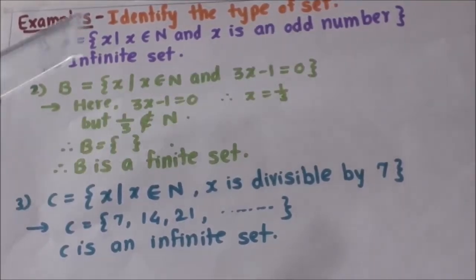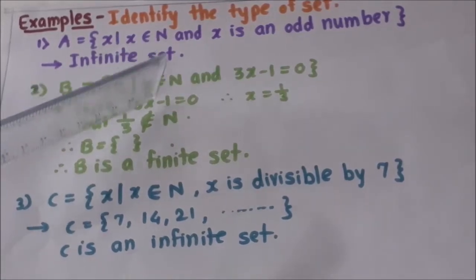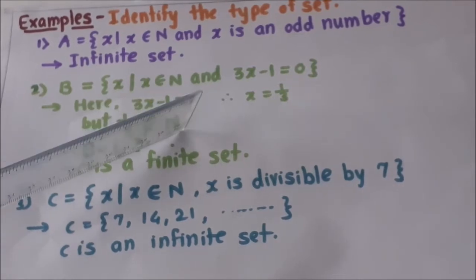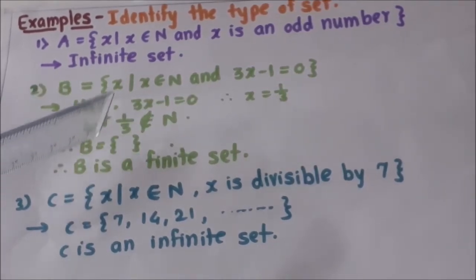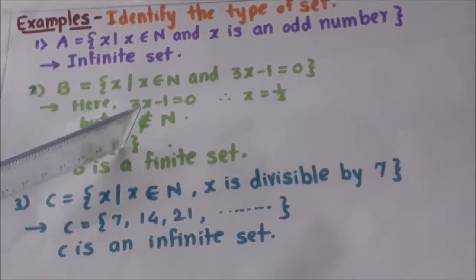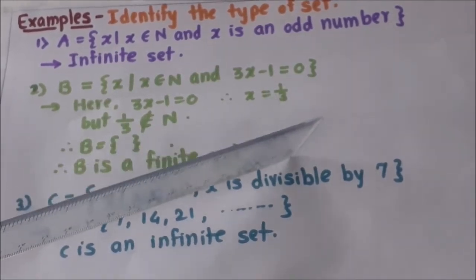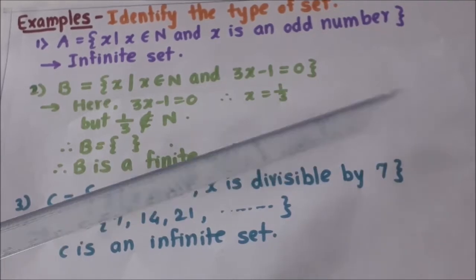We get the value of x, but it does not belong to the natural numbers. 1 upon 3 is not a natural number. Hence the set will be empty. Hence B is a finite set, or we can say a null set also. Both are correct.